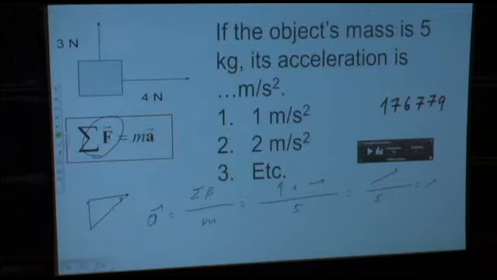And if we want to calculate the magnitude of the acceleration, which is this vector, well, we need to know the magnitude of this long arrow, which comes from the Pythagorean theorem applied to a right triangle, divided by the mass, which we know. So a lot of things happening, but the result is 1.